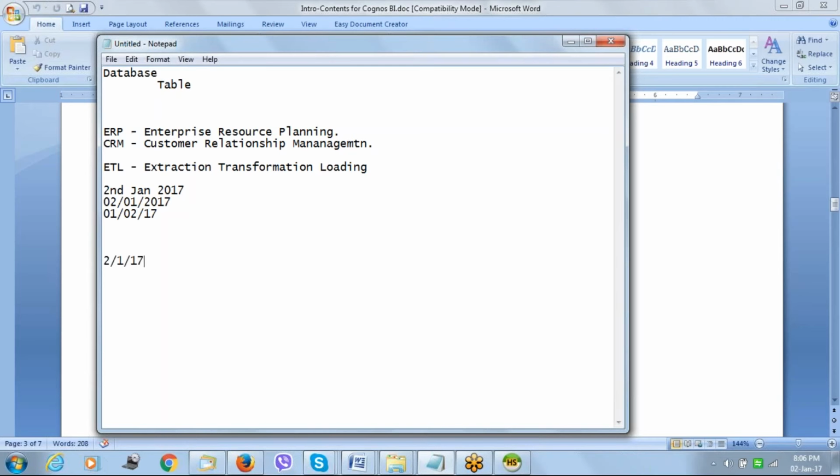Like that. So I need to transform this format to this format, date, month, year. So this is a simple common example. So like this, we will have some other concepts also which need to be modified with some business logic. So I need to implement some business logic and convert that and put it here.